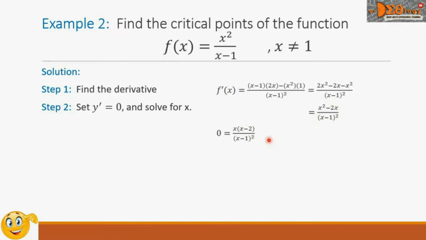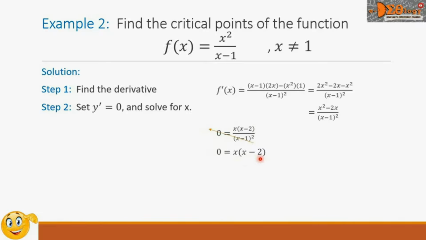Let us now solve for x. Let us cross multiply the denominator to the left side. So this will be simplified into 0 equals the numerator itself, x times the quantity x minus 2.